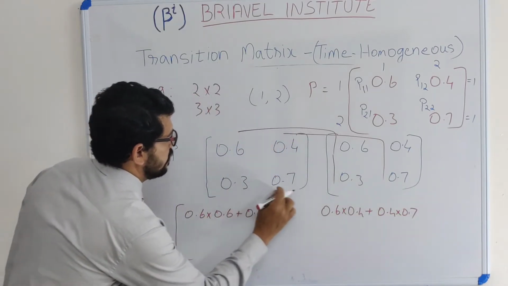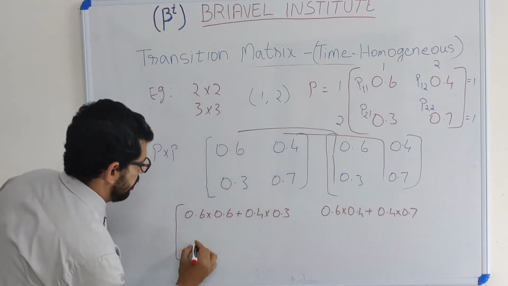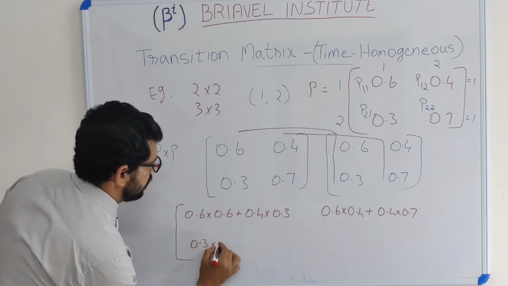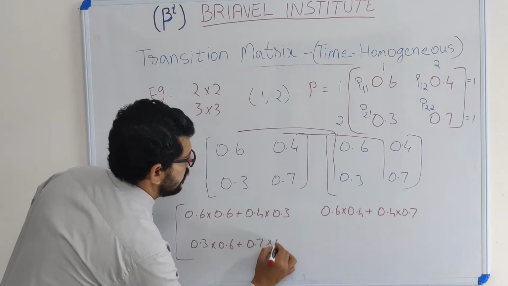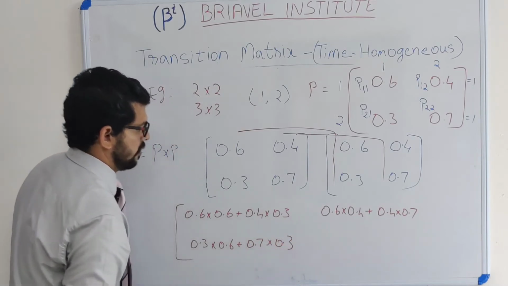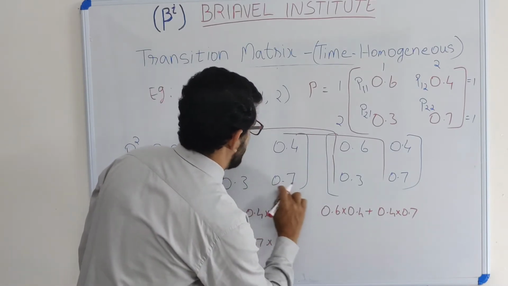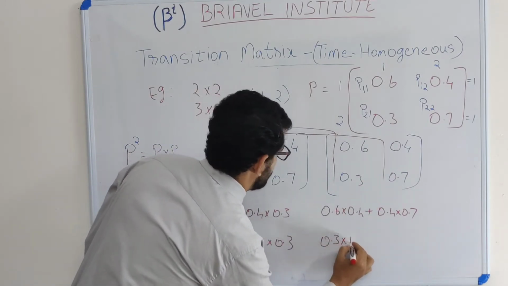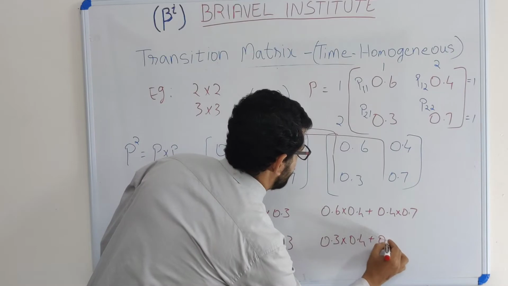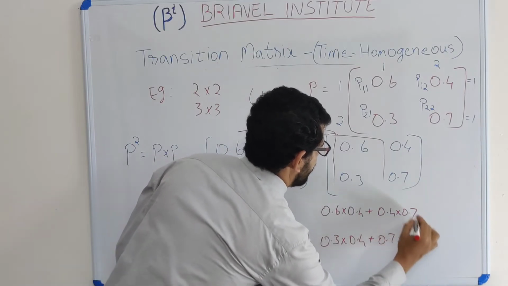Another one is multiplying to the first column: 0.3 into 0.6 plus 0.7 into 0.3. And the second row is multiplying to the second column: 0.3 into 0.4 plus 0.7 into 0.7.